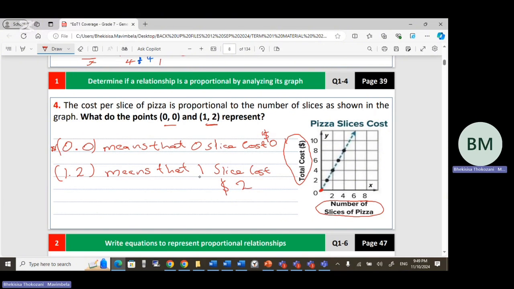Okay, for every 1 slice, it will cost $2. So for every 0 slice, it will cost $0. I hope this makes sense. So this is all they're looking for in this question, nothing much.